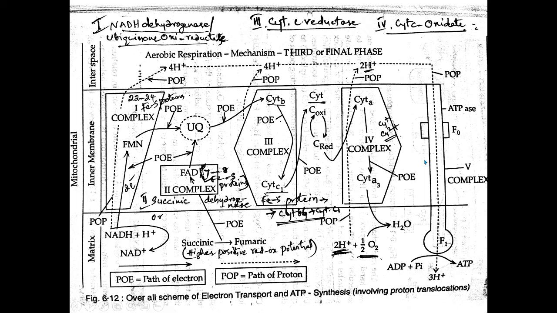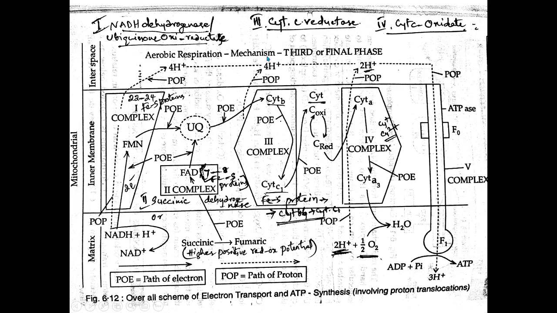This was explained by Peter Mitchell as the chemiosmotic hypothesis. This is also known as the chemiosmotic hypothesis, which was explained by Peter Mitchell. So there is a higher proton concentration outside the inner membrane than in the matrix.